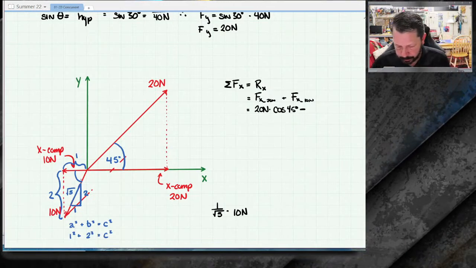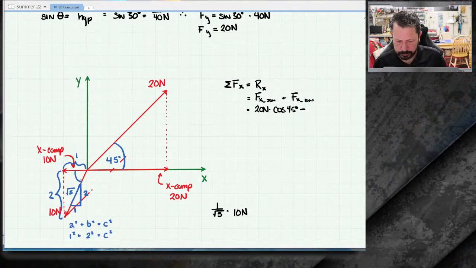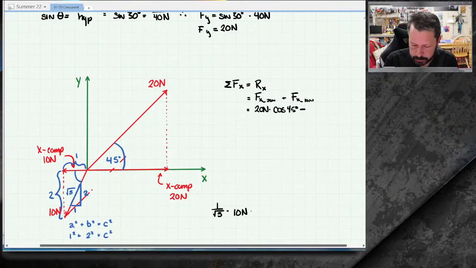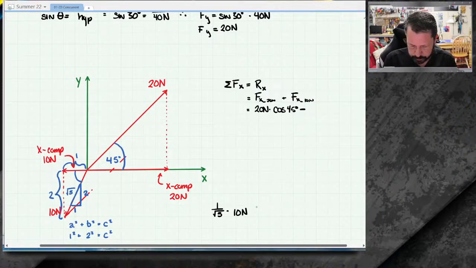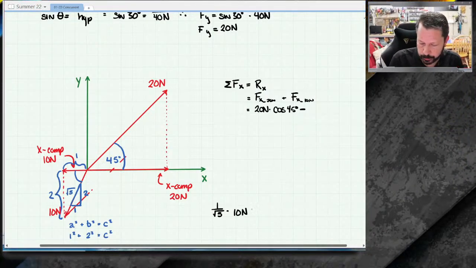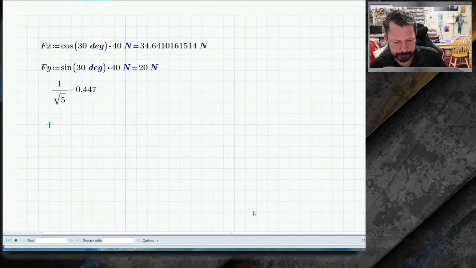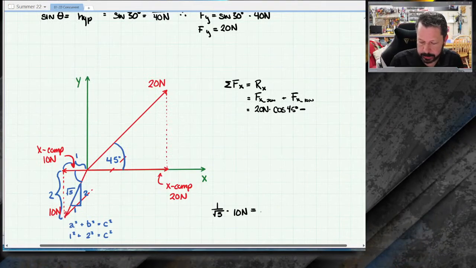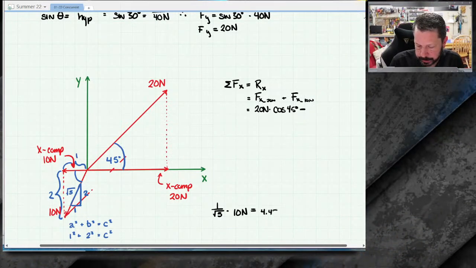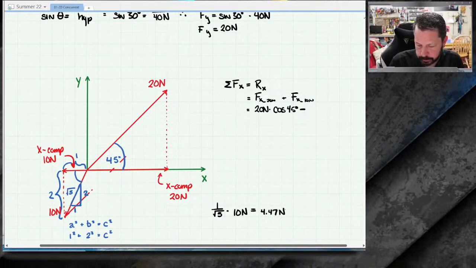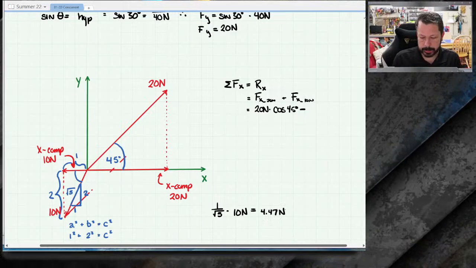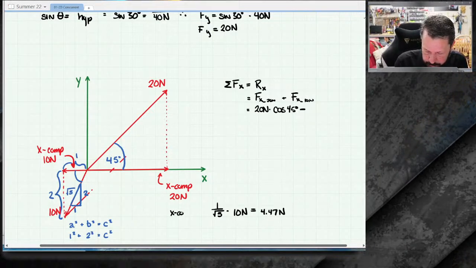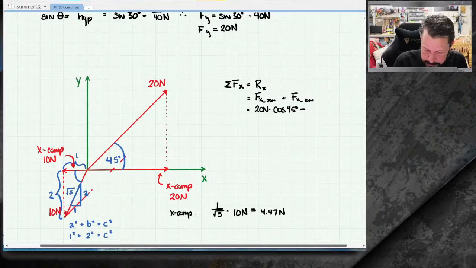So if we do this, 1 over square root of 5 times 10 newtons is going to equal 0.447 times 10 newtons, so that's 4.47 newtons would be the x component of the 10 newton force.